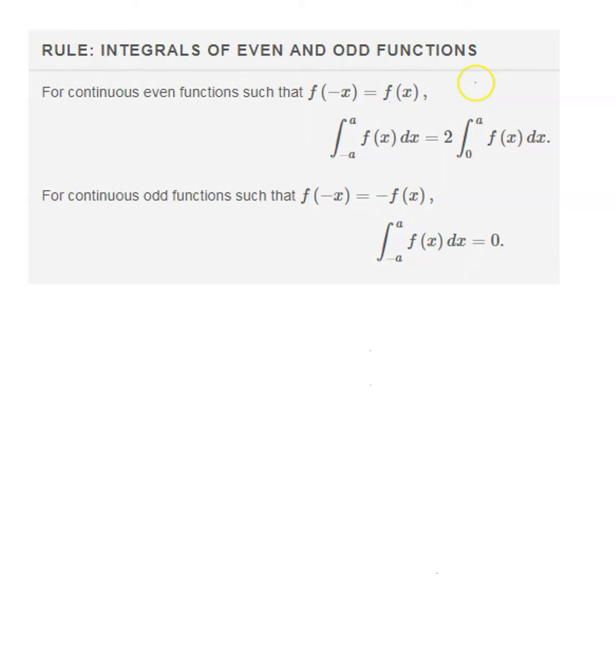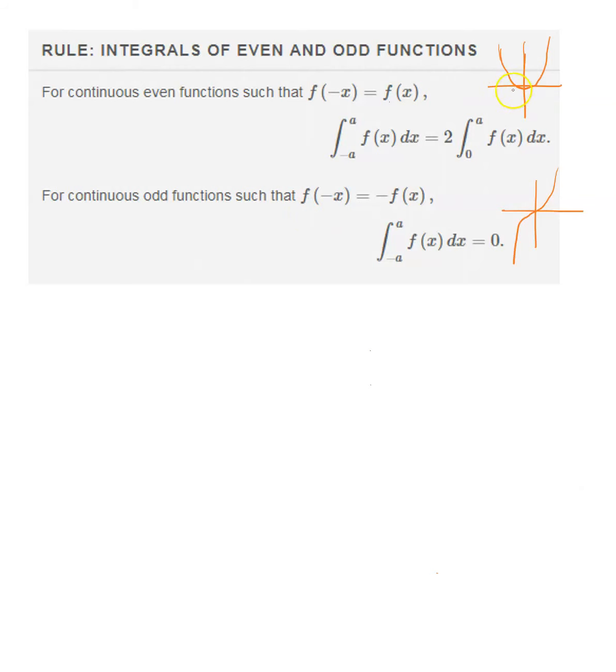So if you recall, we can say this one was like a parabola, because the symmetry was about the y-axis, and for this we can think of it as the chair-shaped graph where the symmetry is about the origin. Therefore, f of negative x is negative of f of x. Well, if we are talking about integration, remember we're talking about area under the curve.